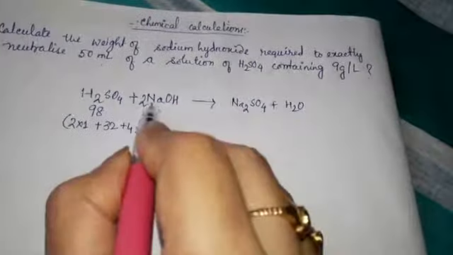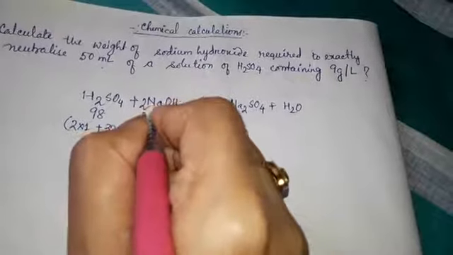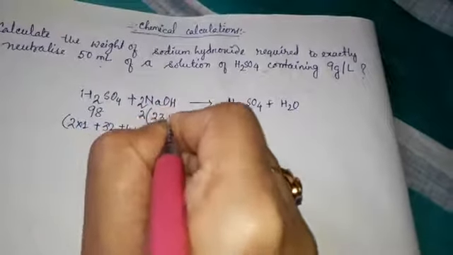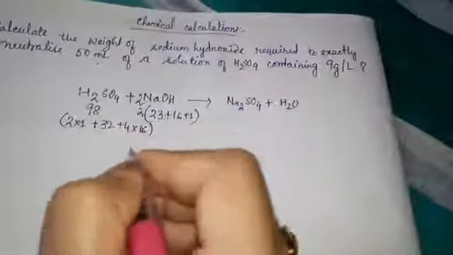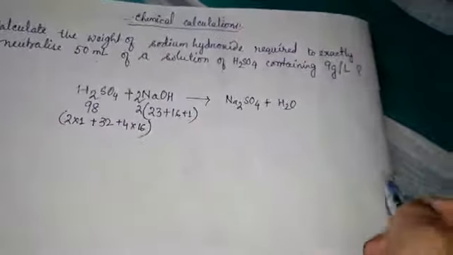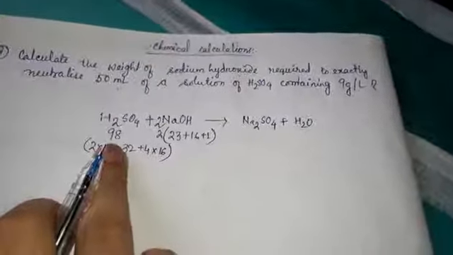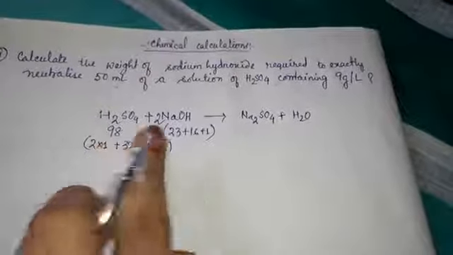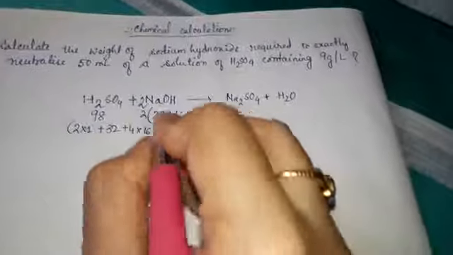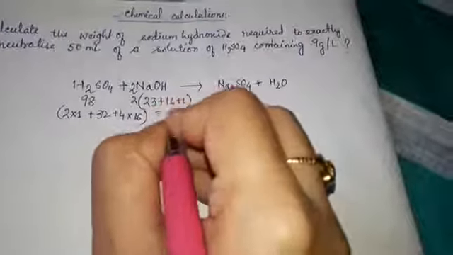In the similar way, we have taken 2 moles of sodium hydroxide, that's why 2 into within bracket 23 for sodium, 16 for oxygen and 1 for hydrogen. Okay, clear? So 98 for sulfuric acid and 2 into 40, that means a total of 80 grams.